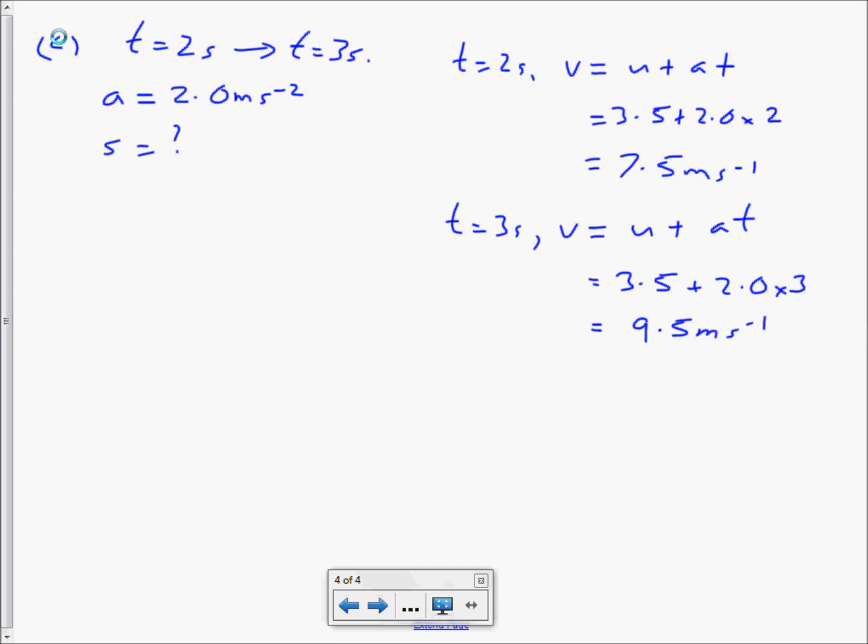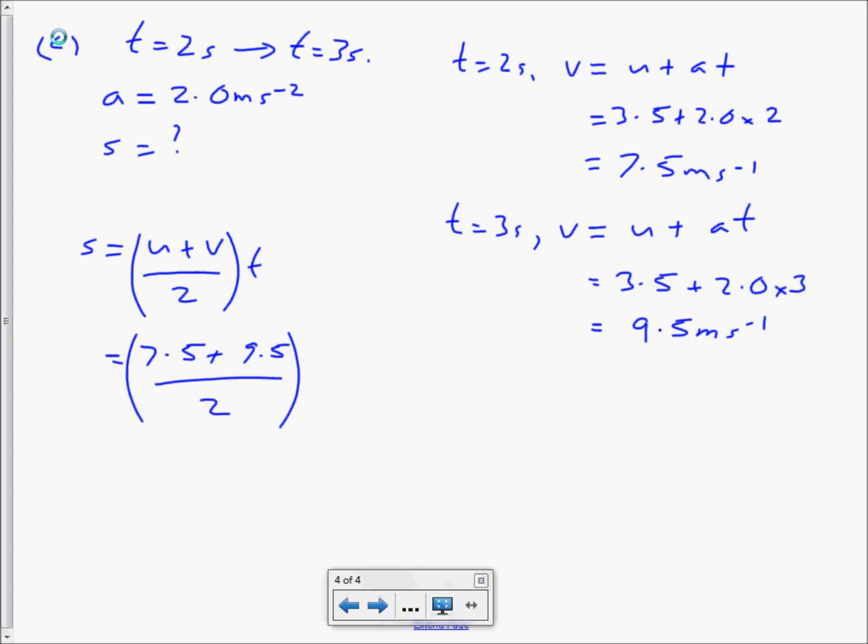And then from there, you could use S equals U plus V over 2 times T. So 7.5 plus 9.5 divided by 2. And the time that it's doing the accelerating for now is this 1 second interval, just in the third second.